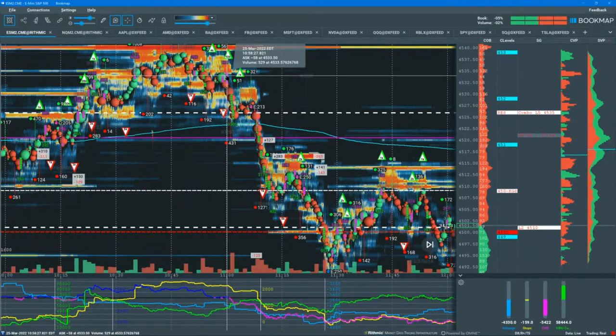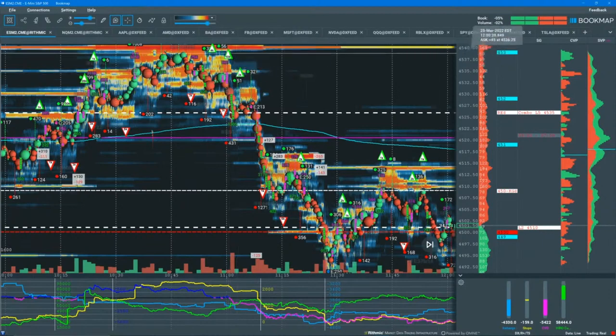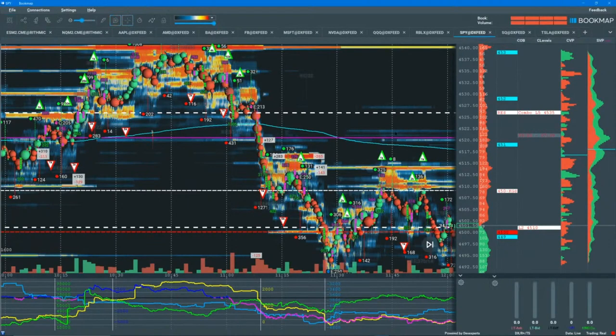It's really nice there. That selling really comes in, and I think we jumped over to SPY quickly, and that's where it looked even better. Let's take a look at SPY.